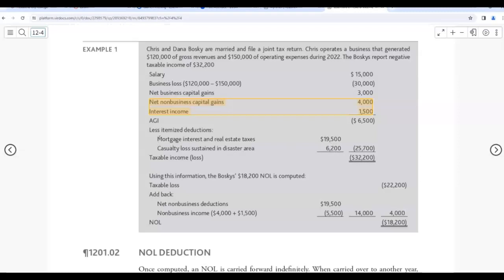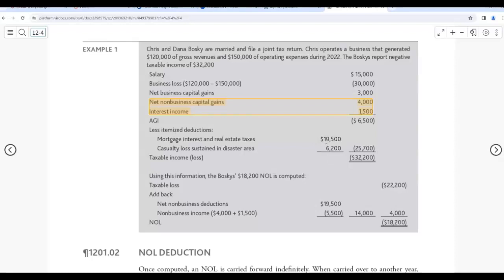Let's say they are not itemizing. If you're not itemizing, what do you have instead? Standard deduction. So you put the standard deduction over there, okay? But if you are itemizing, then you put your itemization.